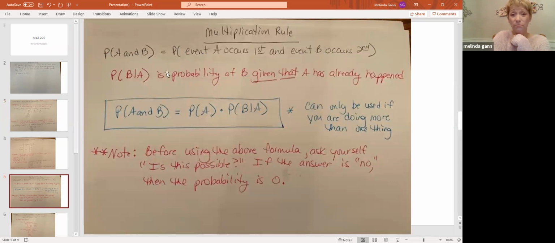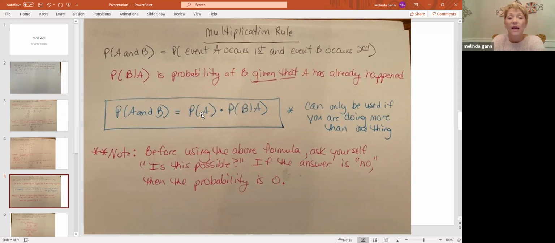So you're only going to be able to do this if you're doing more than one thing. Now, the book puts the probability of B, that bar means given that A has already happened. See, A occurs first and then B occurs second. So when you're doing this second probability, you have to assume that this first one has already happened. All right, you'll see what I mean in just a second.